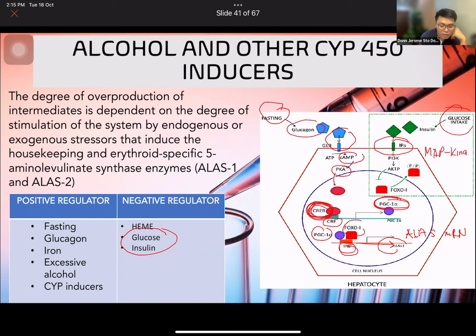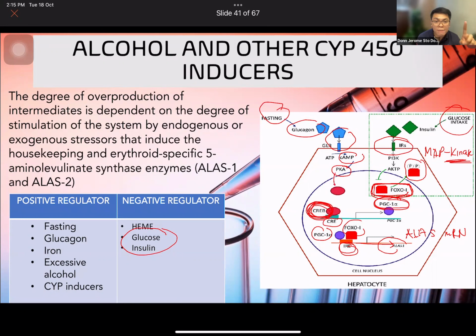kinase pathway. Have you heard about an enzyme kinase? When an enzyme is a kinase, what does it do? It phosphorylates proteins. And as you can see here, FOXO1. When insulin is activated, what happened to FOXO1? It becomes phosphorylated.